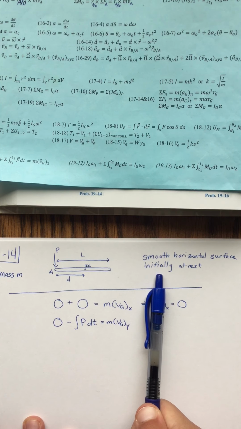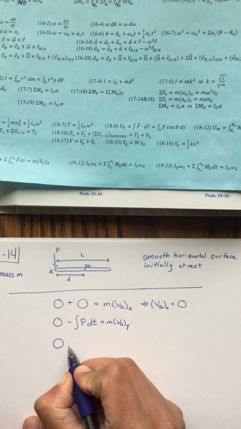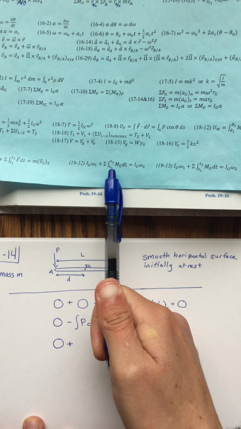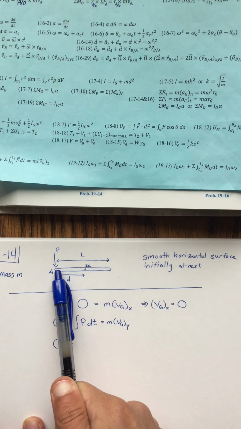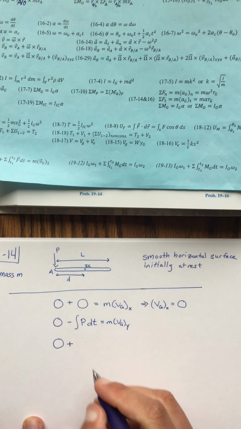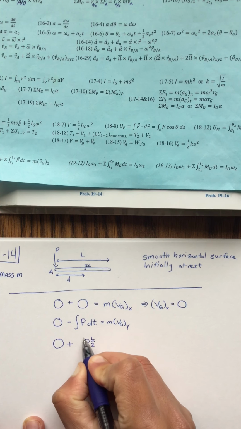Because the rod was initially at rest, the initial angular velocity is equal to 0. Then I have plus the sum of the moments integrated with respect to t. I only have the one force P here, and since the length of the rod is L, for the net moment I get P times L over 2.